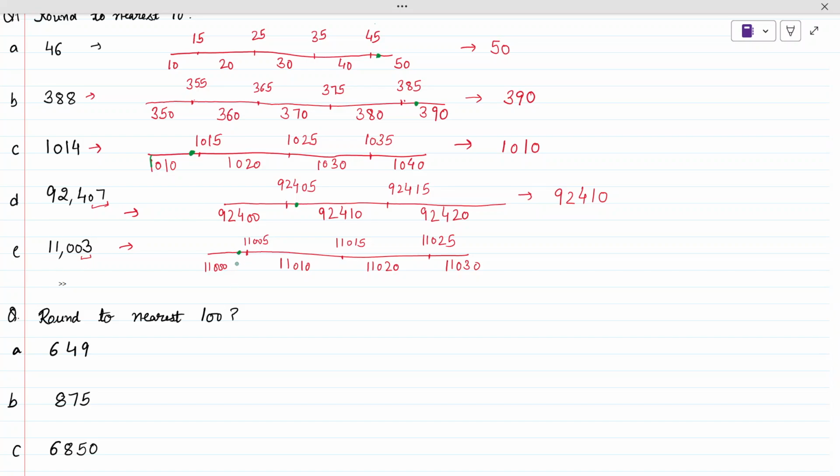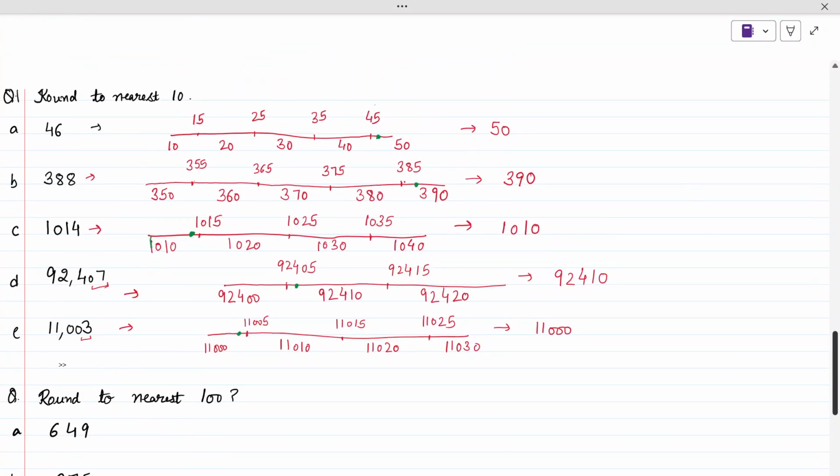Now this 11,003 is more near to 11,000 or 11,010? It is more near to 11,000 and also it is less than the half. So that means the nearest multiple will be 11,000 for this number. All right. Yeah, I hope this is clear to you.